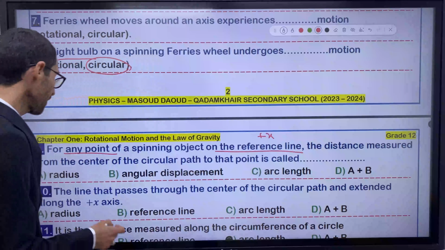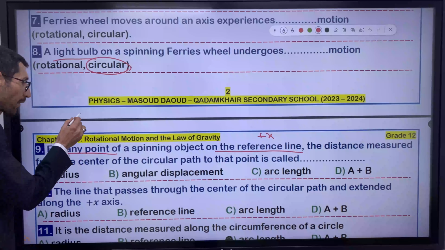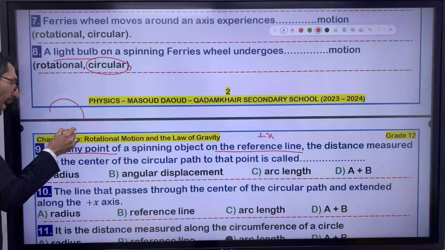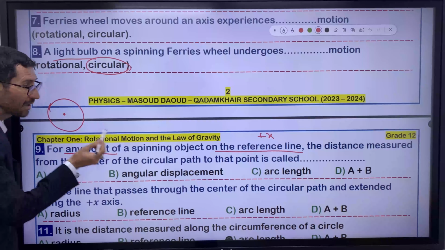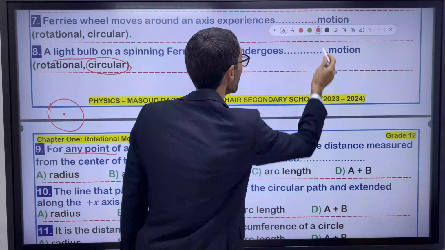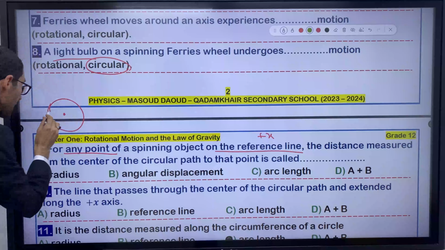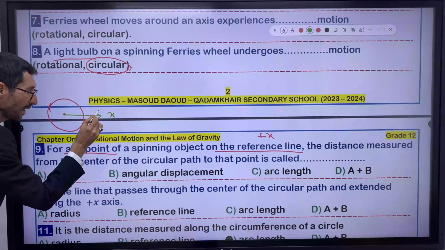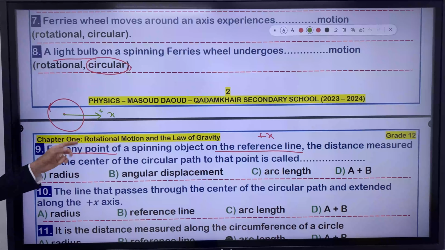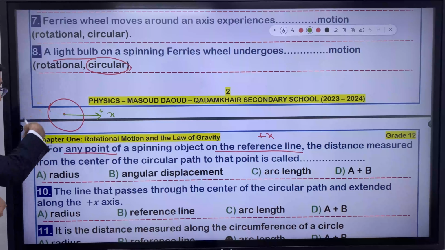Actually, this is the circular path, for example. This is the center. Let me draw it with another color. This is our reference line, positive x. And this is the circular path. It says the distance from the center to that point.